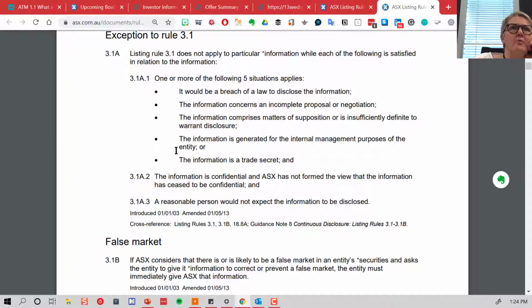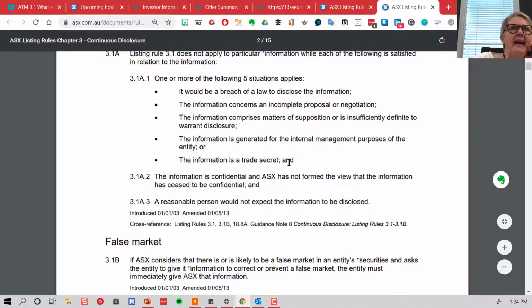So any one or more of those, and it is in fact confidential, and ASX has not formed the view that it's ceased to be confidential. And, the catch-all, a reasonable person wouldn't expect you to tell them.